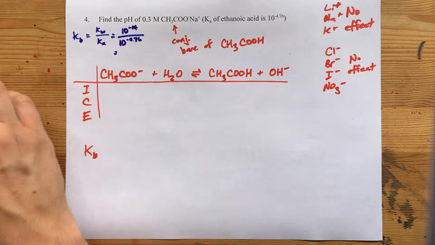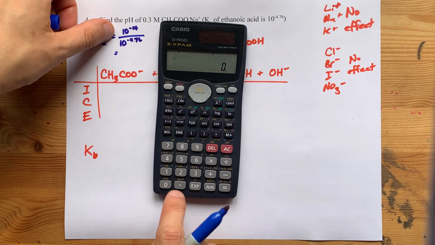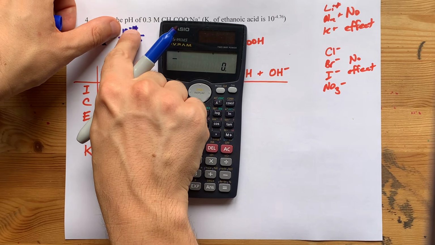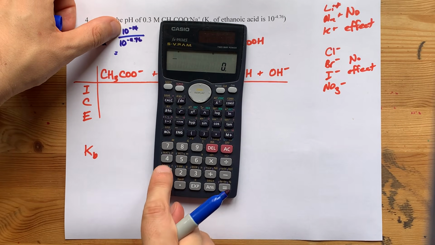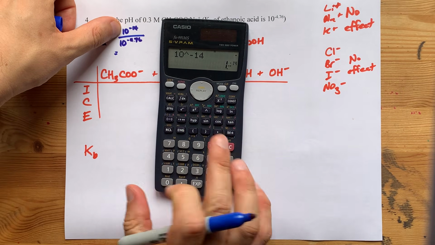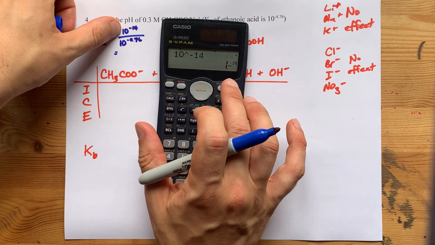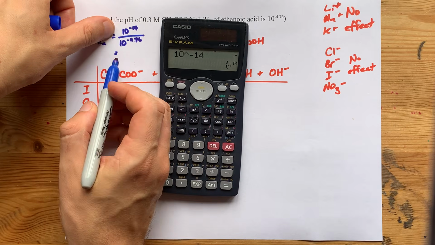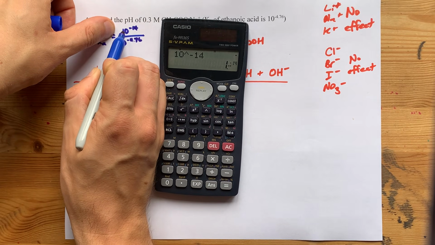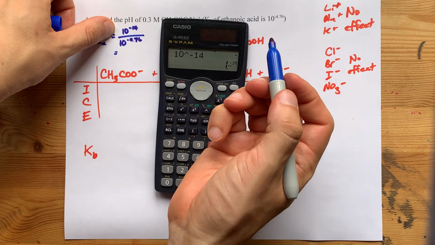My calculator is definitely going to give me that in a funny way. Now, I don't want to confuse you here. This is 10 to the negative 14, so I need you to type just 10 to the power of negative 14. Notice on the calculator it says 1 times 10 to the negative 14. That's because in scientific notation, 1 times 10 to the something is just this amount. 1 times anything gives itself.